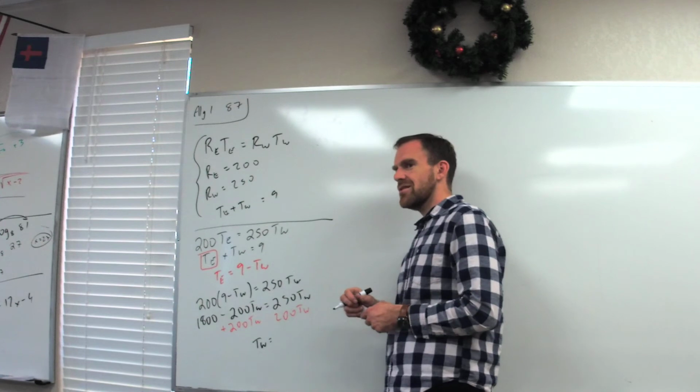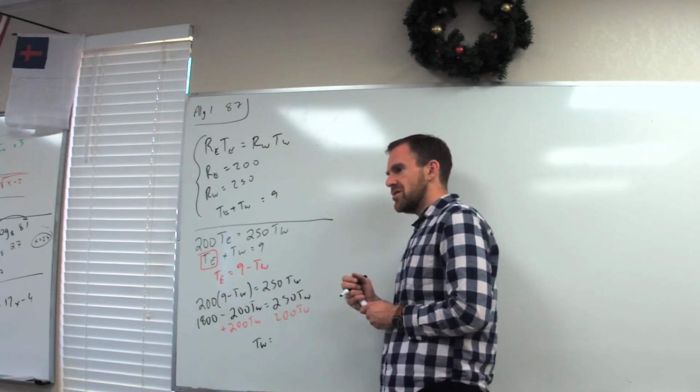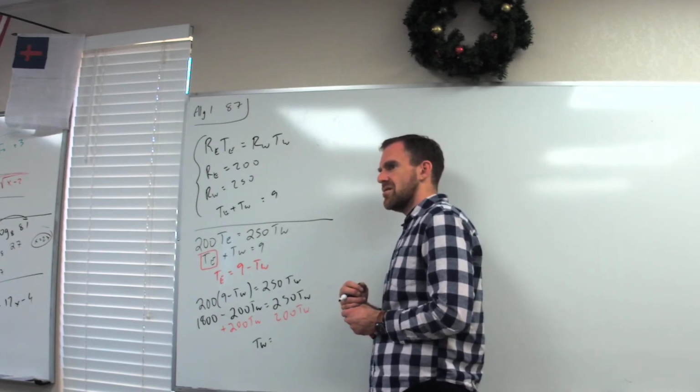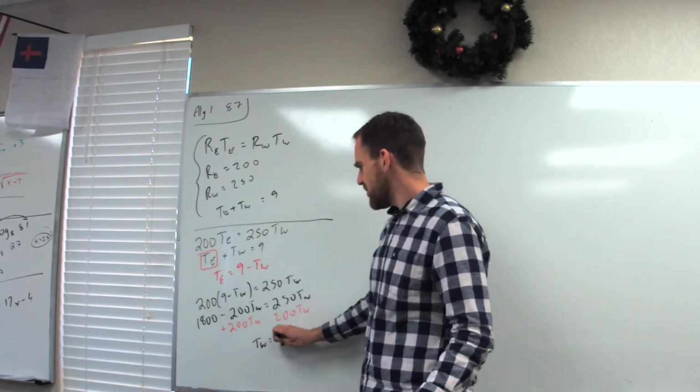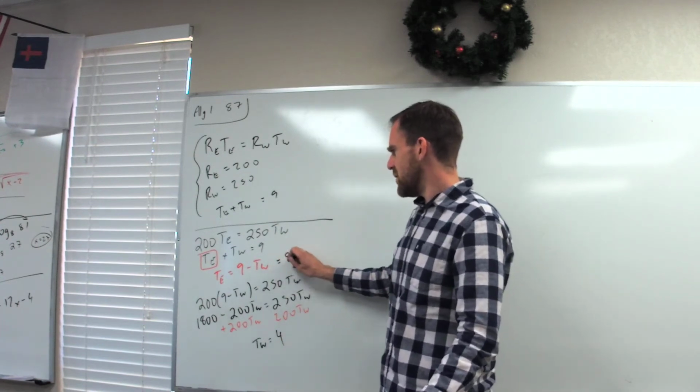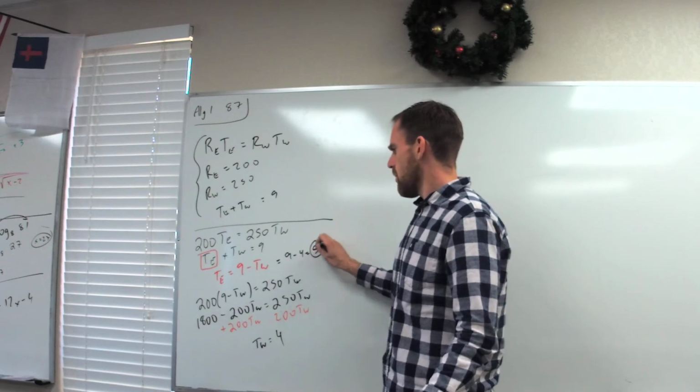Go ahead, quickly. You're on the hook. Swiftly, Evan, swiftly. What do you got? 5. Close. It's 4. Then, once we've done that, we plug back in. This is 9 minus 4, which is 5.